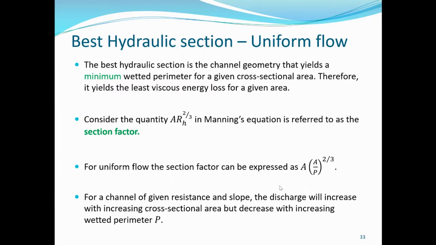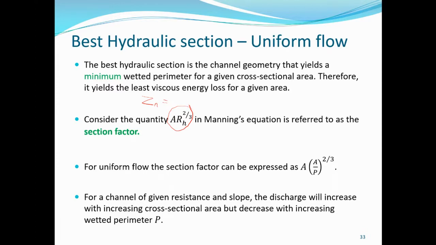And the quantity A R to the power of 2 over 3 in Manning's equation is referred to as the section factor. For normal flow or uniform flow, we call it Zn, the section factor for uniform flow.